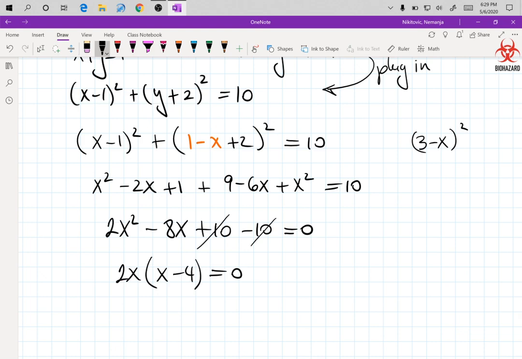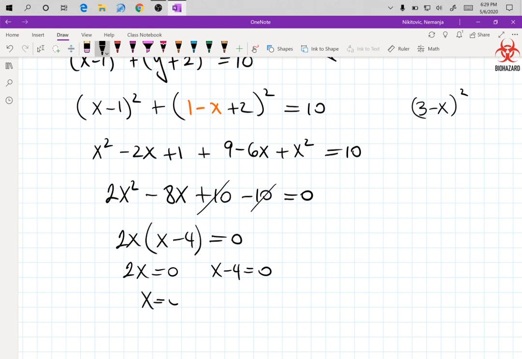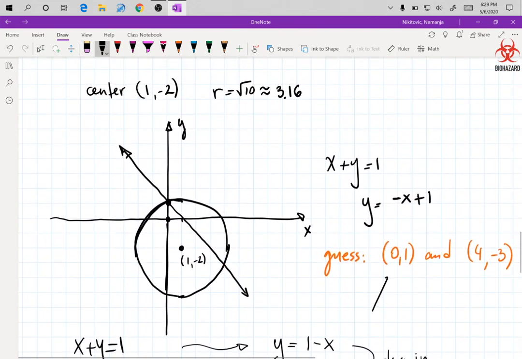To solve the quadratic equation, we go to our basic algebra, where we use the GCF, right, greatest common factor. So we factor out 2x, then the zero product rule to set each one to 0. X is equal to 0, and x is equal to 4. Woohoo!